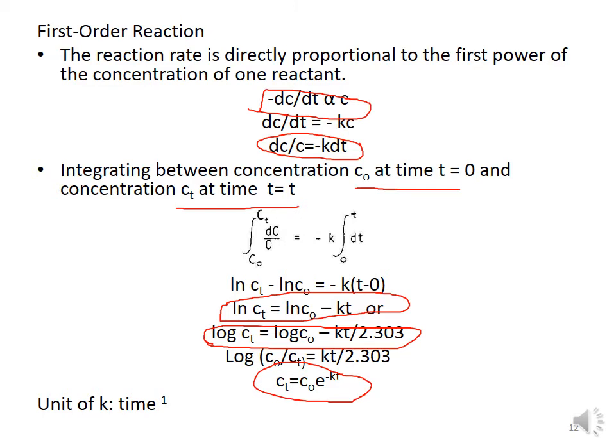Concentration at time equals t equals C naught exponential minus kt, and the unit of the reaction rate constant for a first order reaction is the inverse of the time.